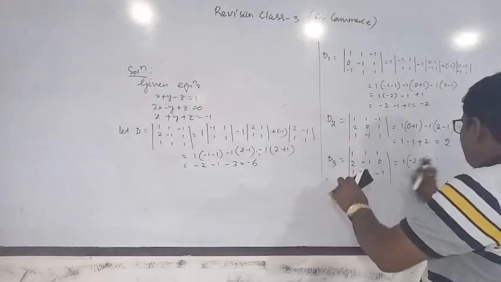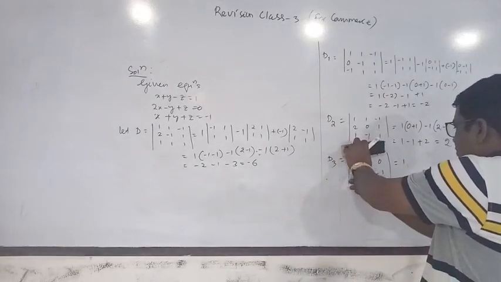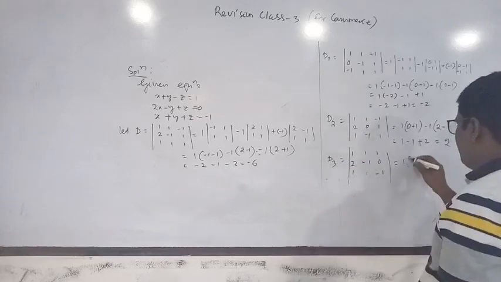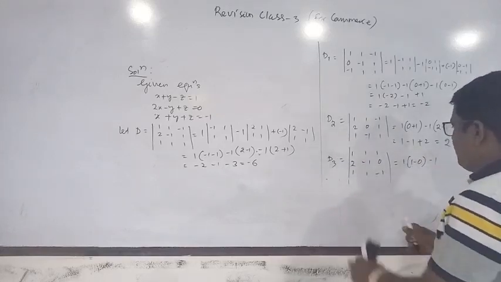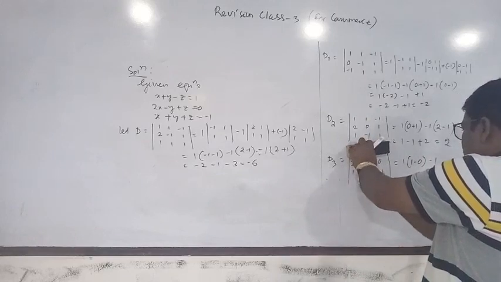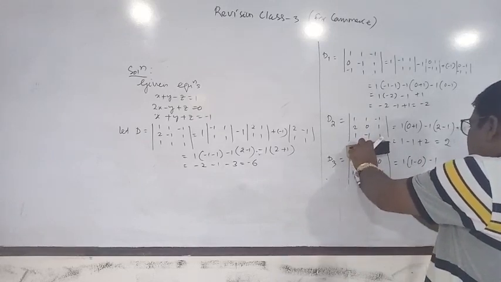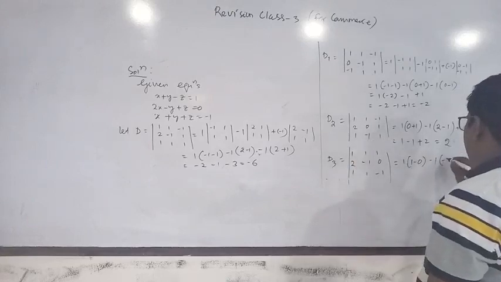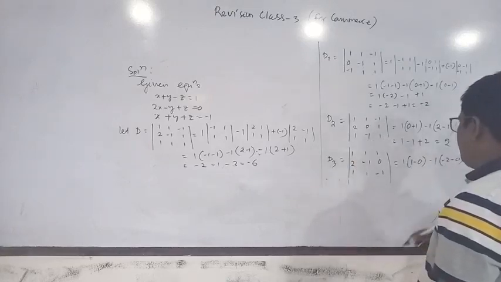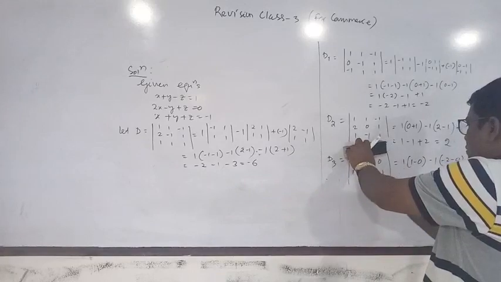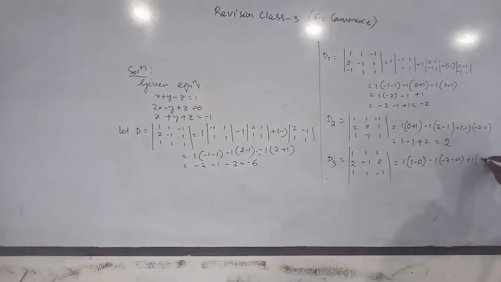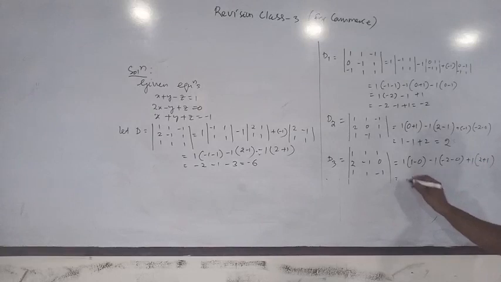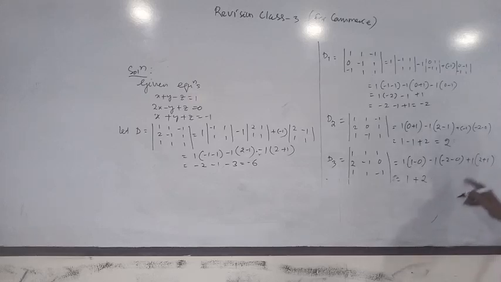So this is 1 into 1, 1 minus 0, and this minus 1 into 2 minus 1, that is minus 2 minus 0, and plus 1 into 2 plus 1. So this is equal to 1, this is plus 2, and this is plus 3. This is equal to 6.